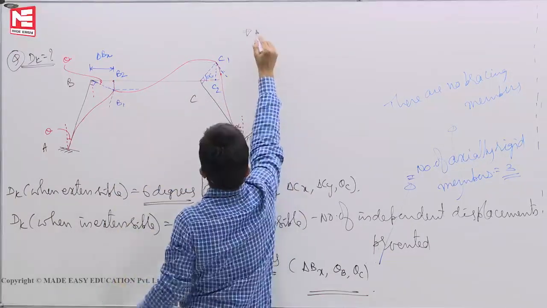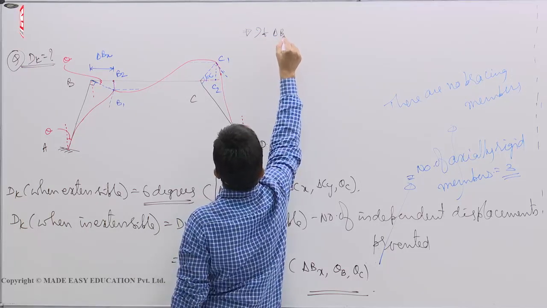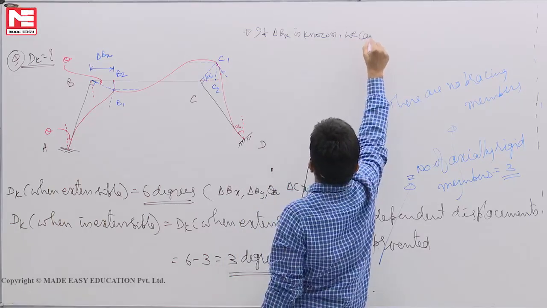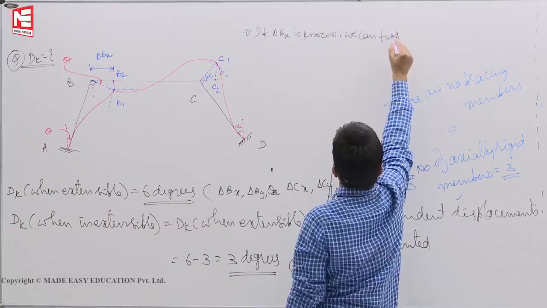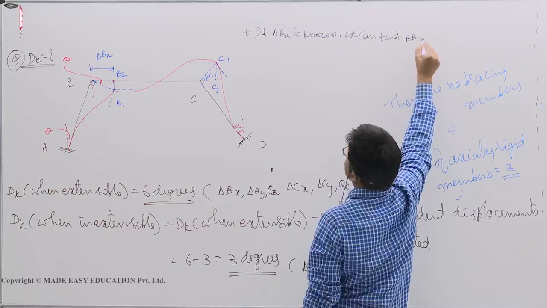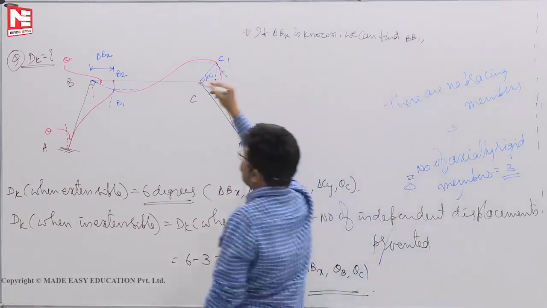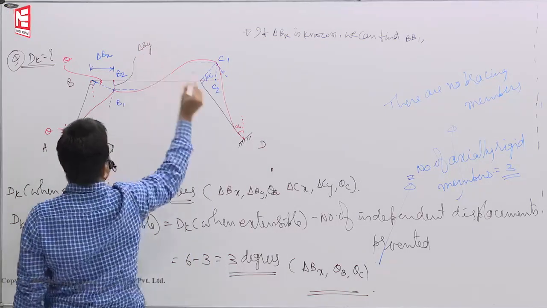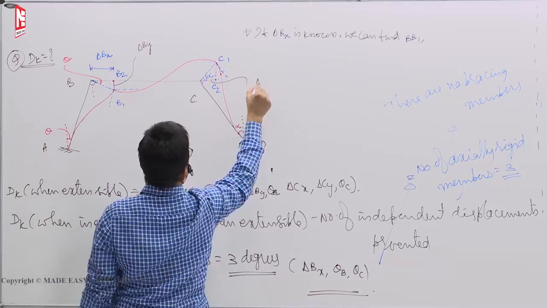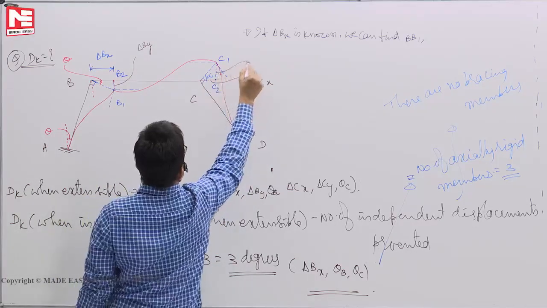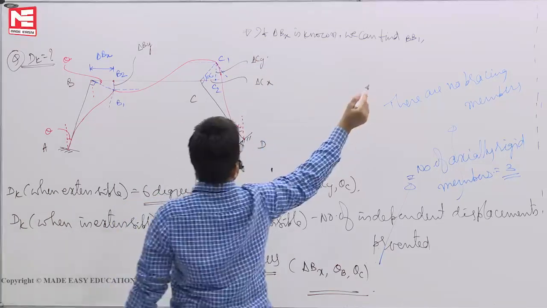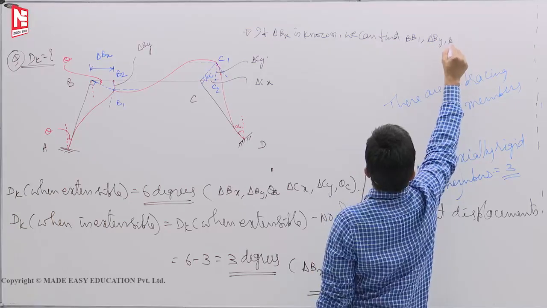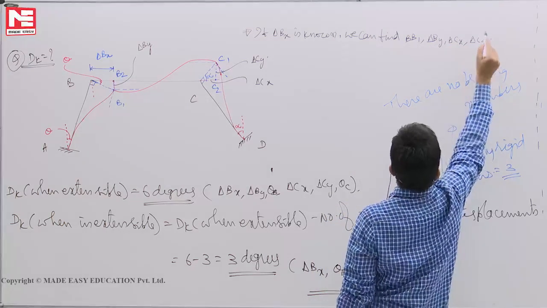Only one displacement: if delta Bx is known, we can find BB1. Then this vertical displacement, B1 B2, call it delta By. C2 is delta Cx. This you call delta Cy. We can find BB1, delta By, delta Cx, delta Cy.